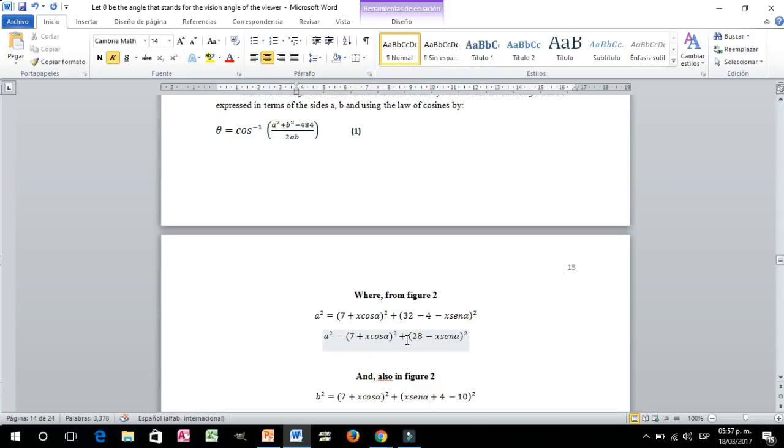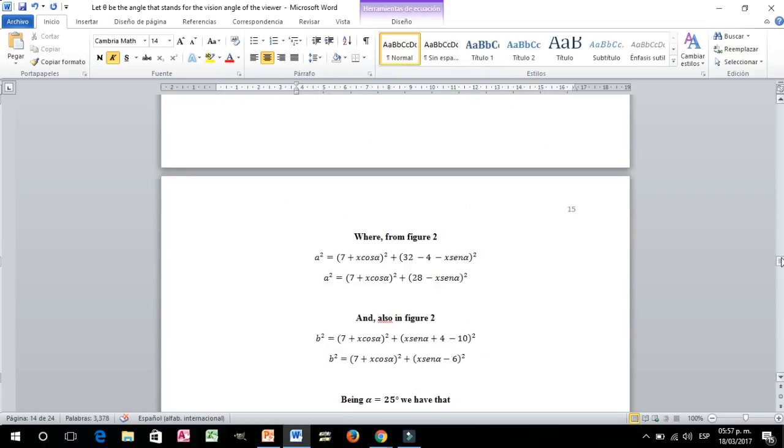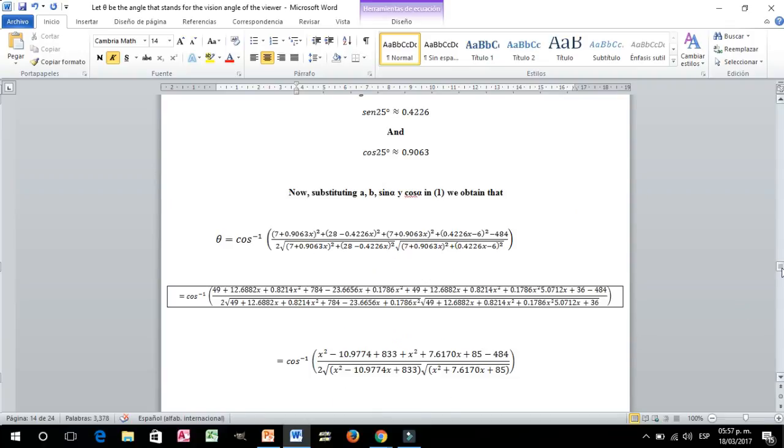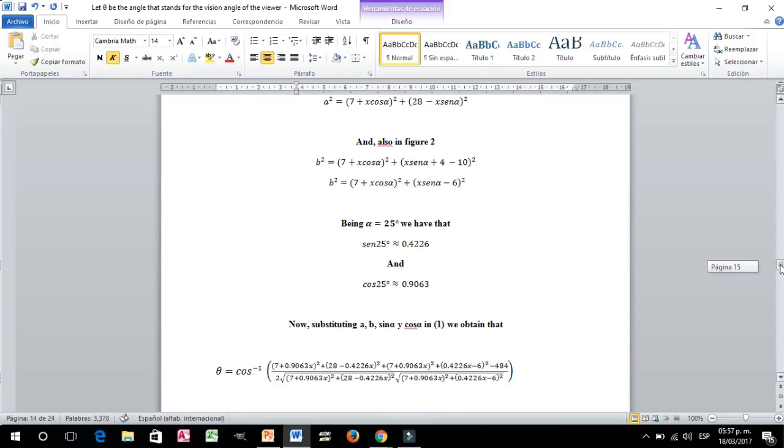Now, from figure 2, which is this one, we know that a squared is equal to (7 plus x cosine of alpha) squared plus (32 minus 4 minus x sine of alpha) squared. We simplify it, and then we obtain it.